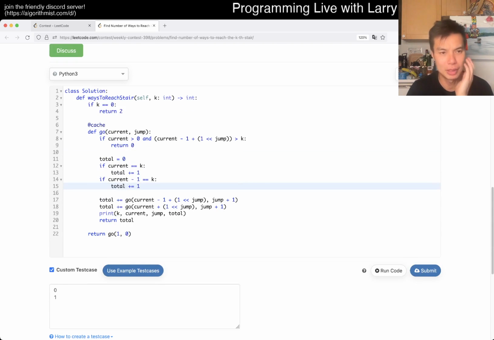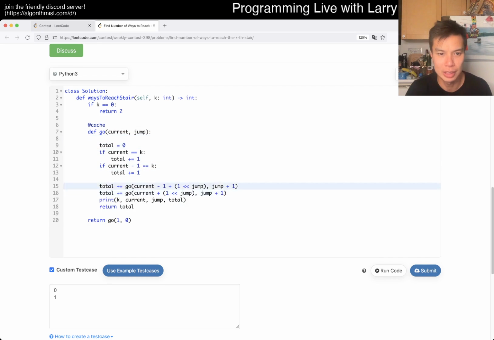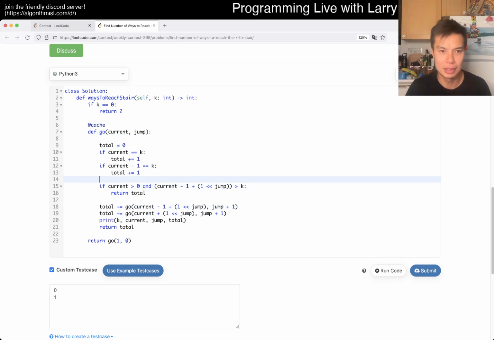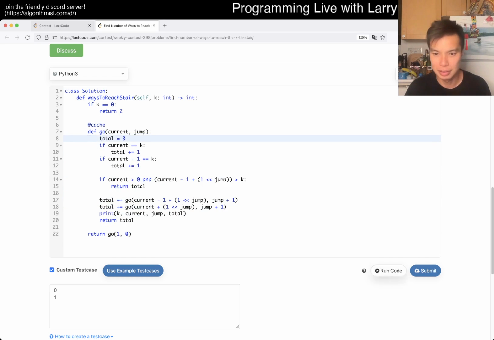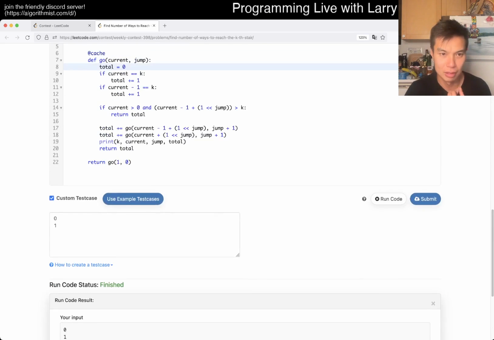But I guess this terminates before. Oh, because current is greater than 0. Whoops. Well, no, you can't do this move. But we also don't want it to return. We just can't execute this. So actually, we want to return it here, and we return total. This is a very weird base case. This feels like a problem that I'm gonna have like 20 wrong answers on.